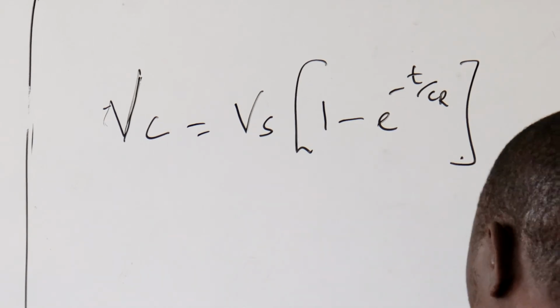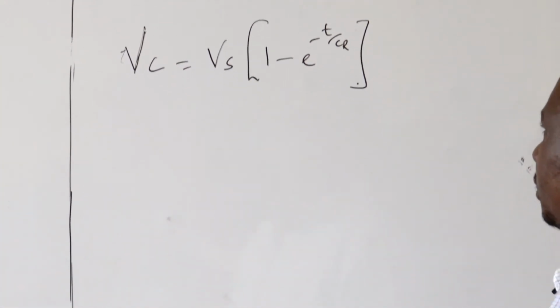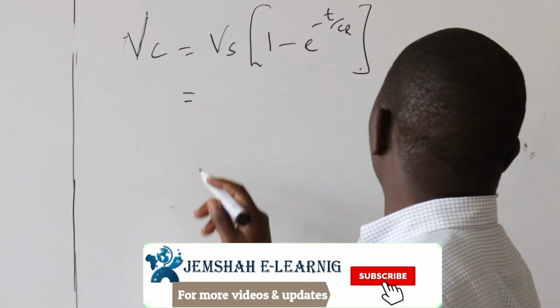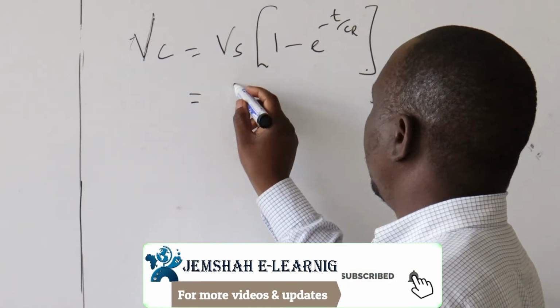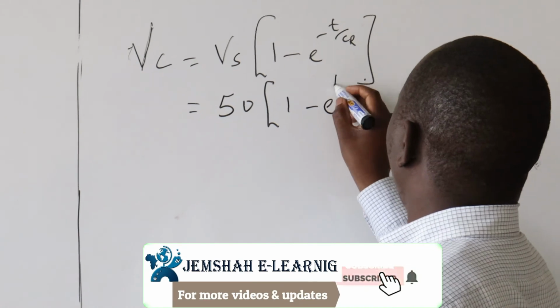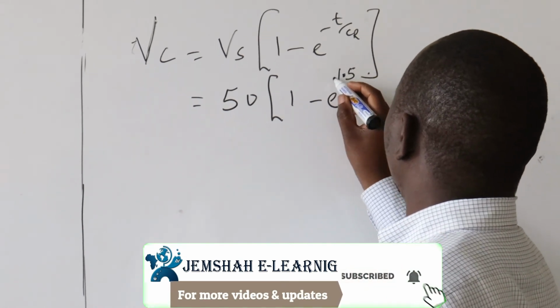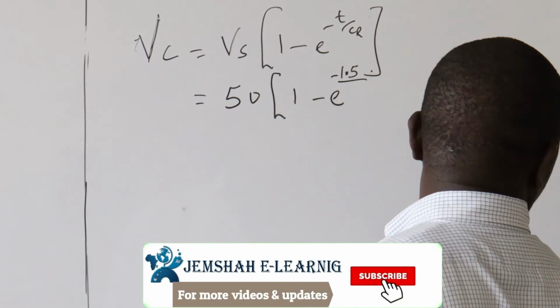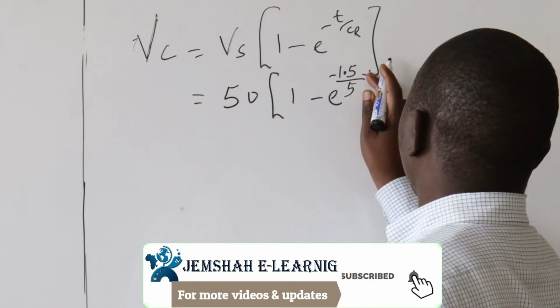Remember, this time we are charging the capacitor of 10 microfarads. Vs was given as the voltage connected, which is 50 volts, times (1 - e^(-1.5/5)), where the time given is 1.5 seconds over the time constant of 5 seconds.